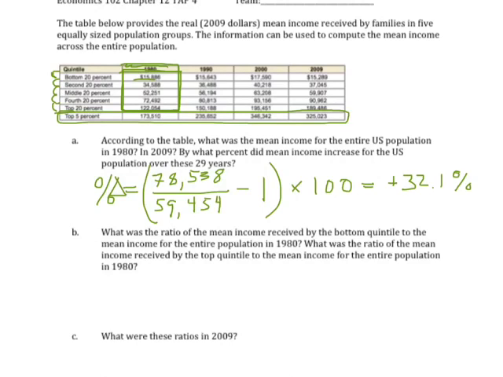Actually, this problem, I changed this tab, the last parts of this tab, to be different from what's in the homework, but this one is in the homework. The ratio of the mean income received by the bottom quintile to the mean income in the entire population.